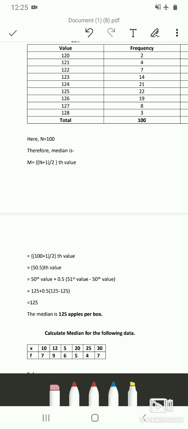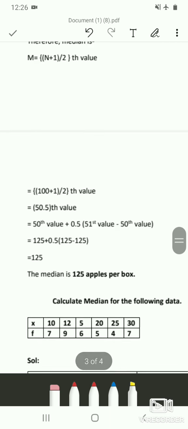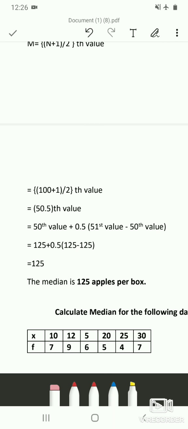Here N is 100, so 101 upon 2 is 50.5. So 50.5 lies between the 50th value and the 51st value. As we saw in the discrete case, we get it as the 50th value plus 0.5 into the 51st value minus the 50th value.